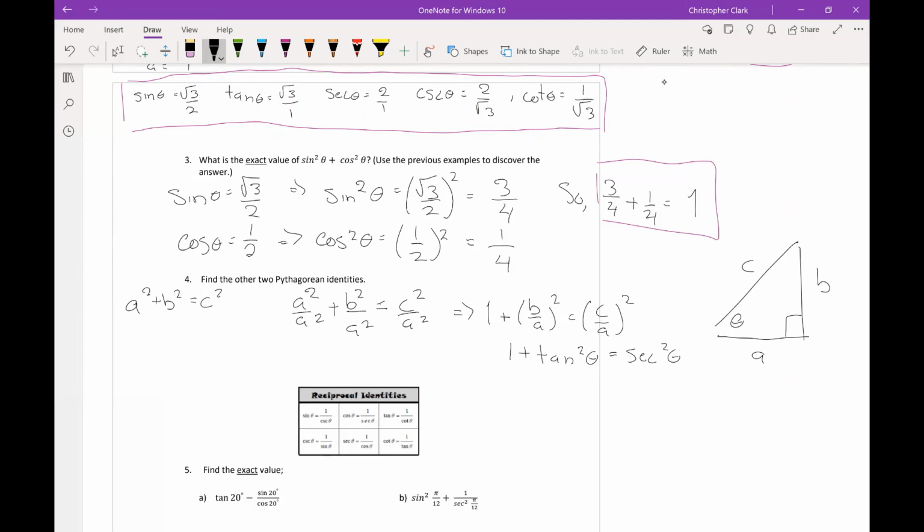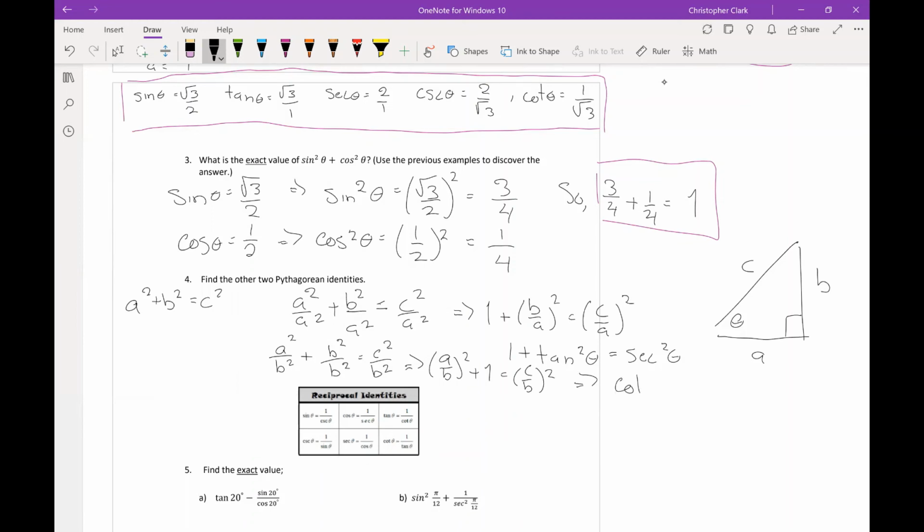We could do the same thing, but dividing by b squared. So you get a squared over b squared plus b squared over b squared equals c squared over b squared. And if you do that, you get a over b squared plus 1 equals c over b squared. Now a over b, we know that to be cotangent theta.